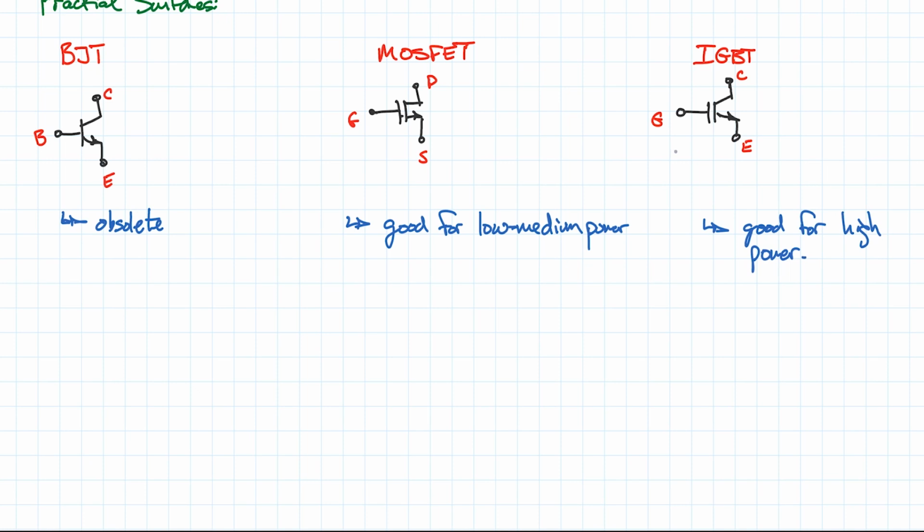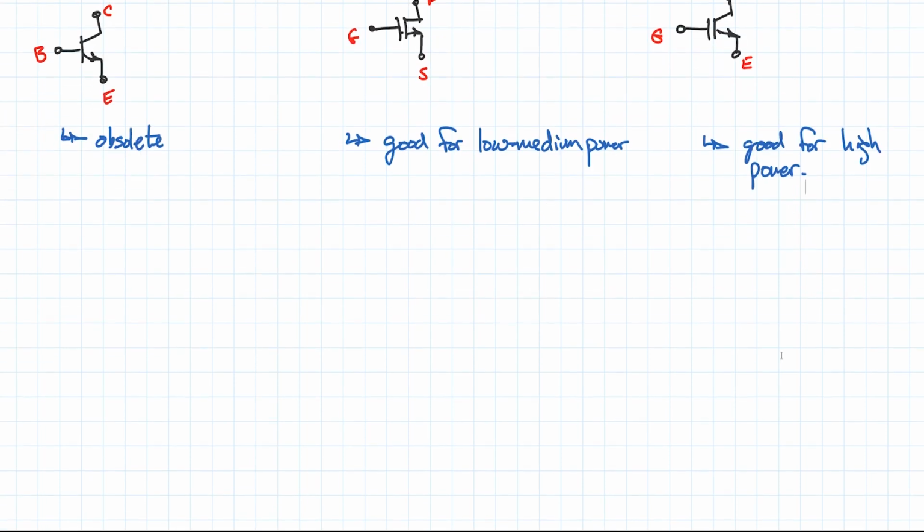And by high power, I think they have kilovolt range IGBTs, if I'm not mistaken, but they can't switch very fast. MOSFETs can switch very fast, but they're better for low to medium power. So I think that's it for practical switches as far as that's concerned.